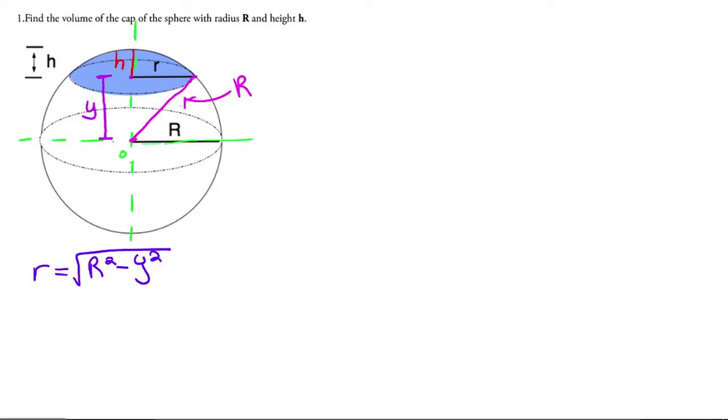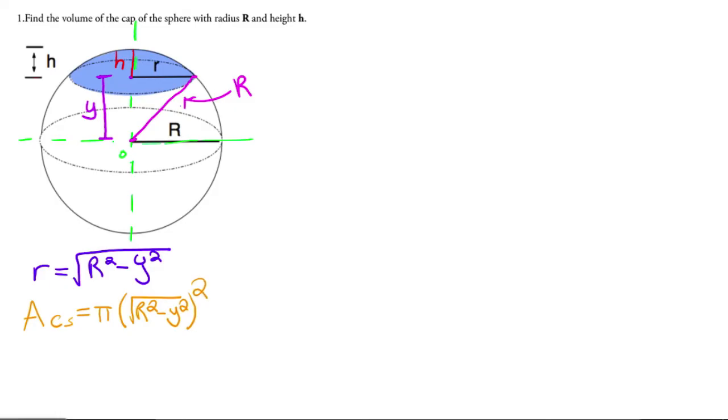So what that means is that the area of the cross section, this cross section right here, is going to equal pi times the radius, which is the square root of capital R squared minus y squared, squared.